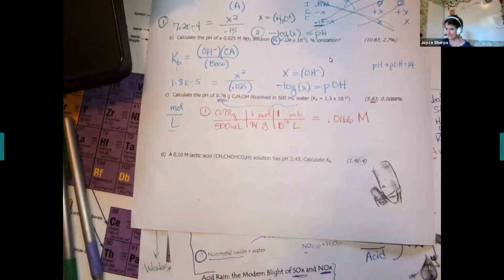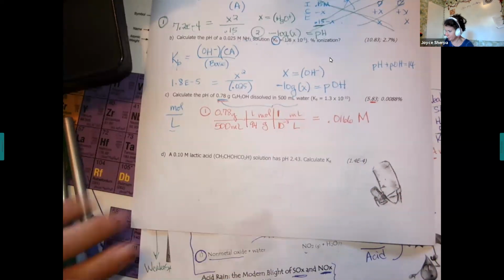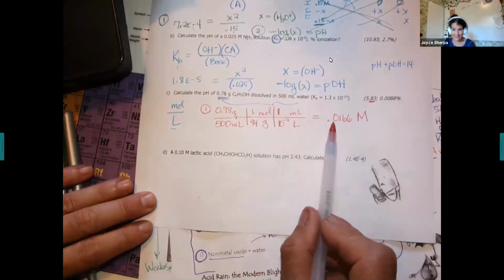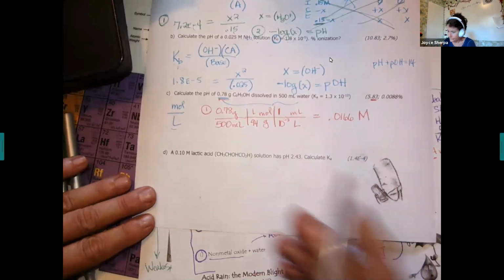That's going to end up being an issue next week. Already, even on the first worksheets, before we got to pH, some of you are rounding too much. So keep 3 sig figs at least. The 0 is not significant. It's a placeholder.